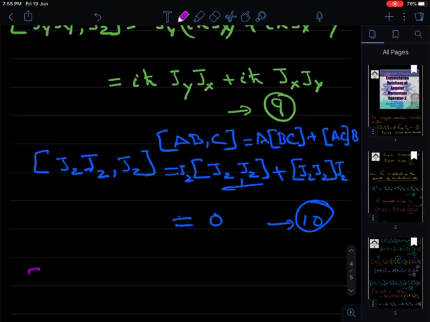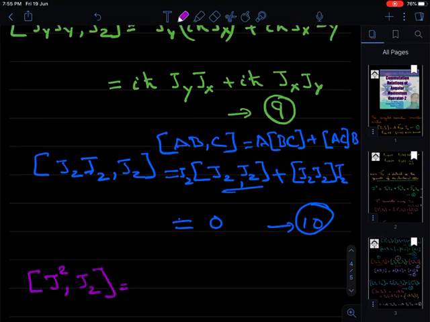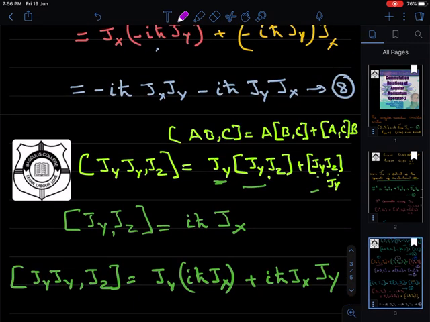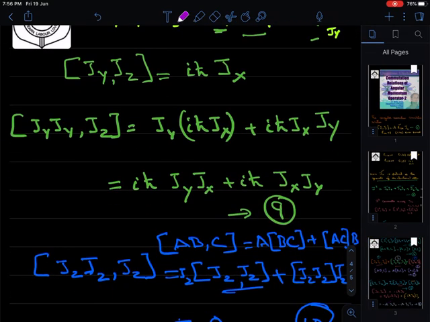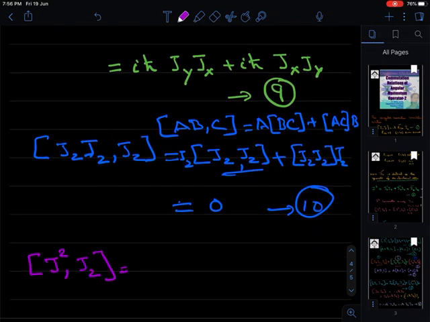So we can just rewrite it as [j², jz] is equal to, the 8th equation is minus iħ jx jy and minus iħ jy jx. Remember that. It is equal to minus iħ jy jx minus iħ jx jy.